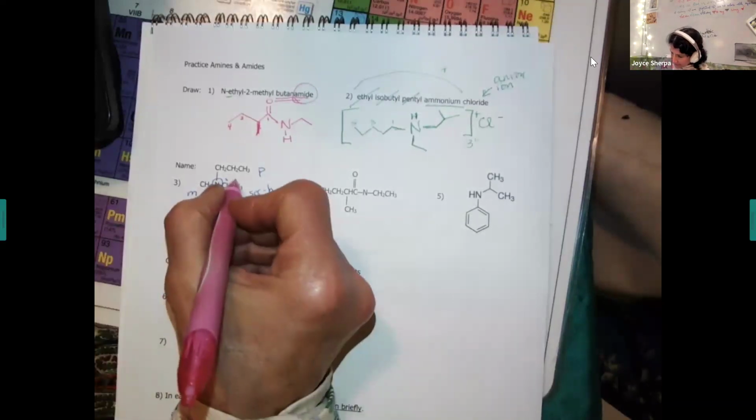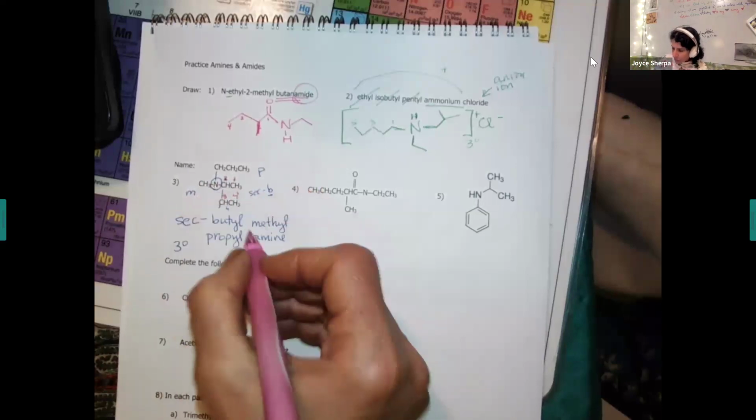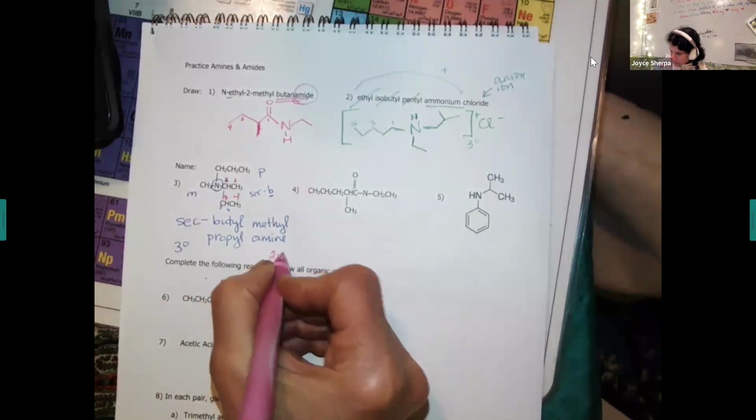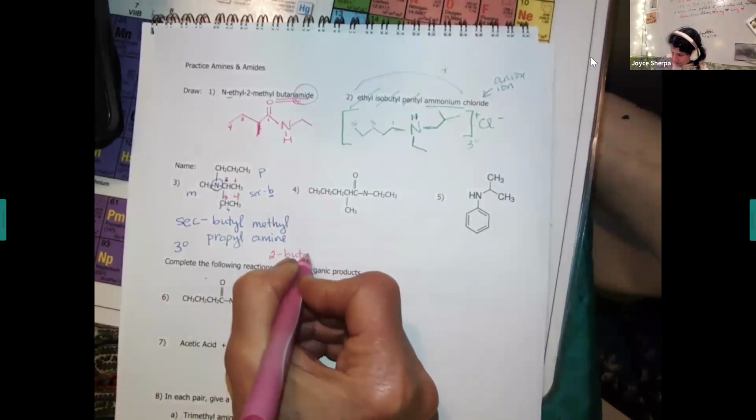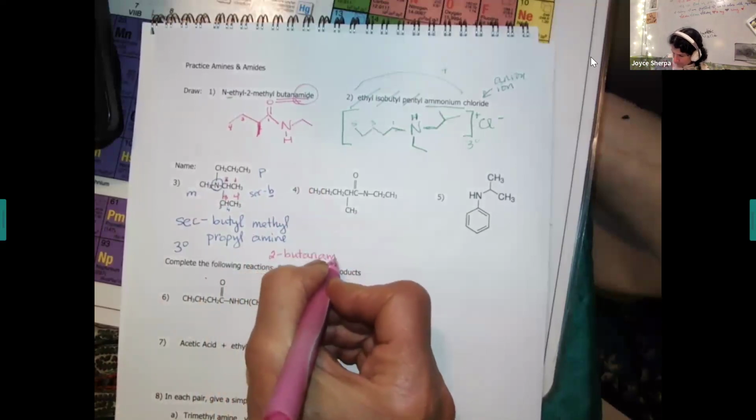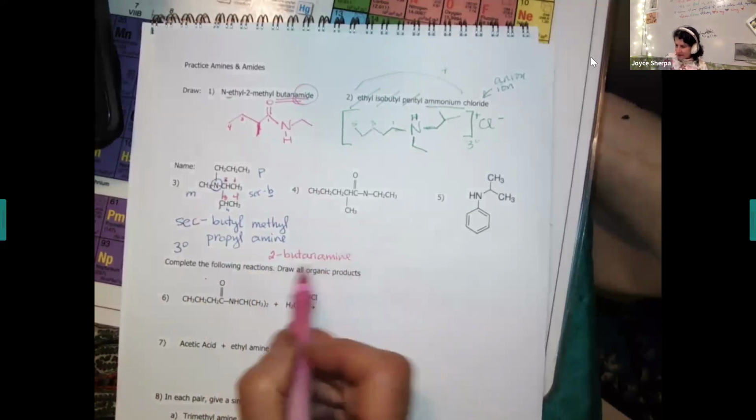There is an IUPAC way, and I'm going to show you that also. But the IUPAC way is going to be similar like the amides. And then that would be the 1, 2, 3, 4. We would call it a 2-butane amine. You don't have to do it this way, but we're saying the amine is on the second carbon of the butane.